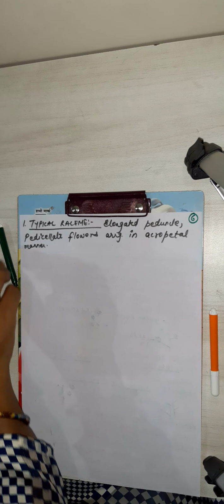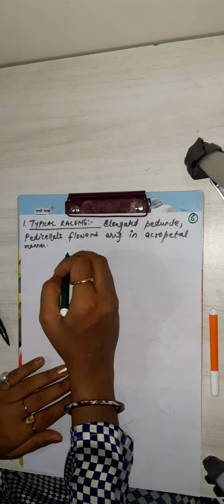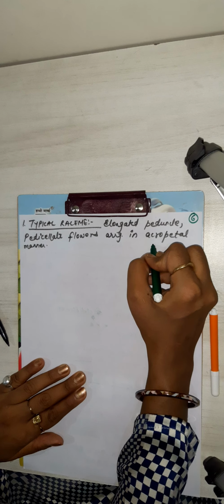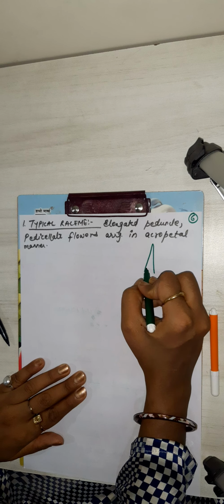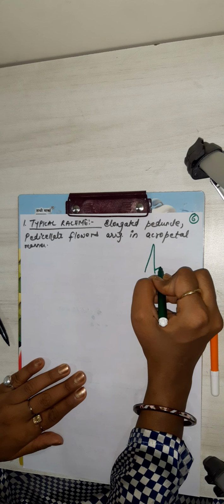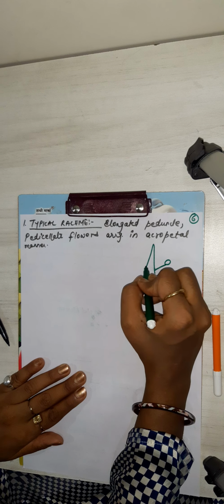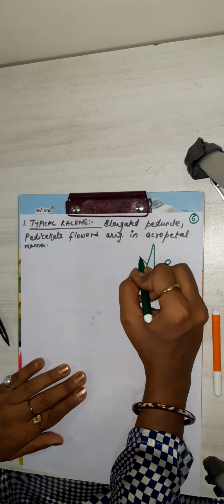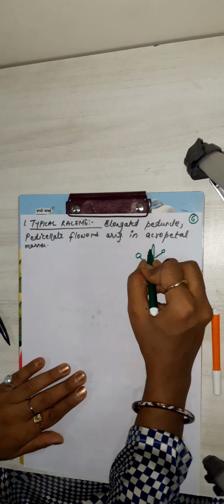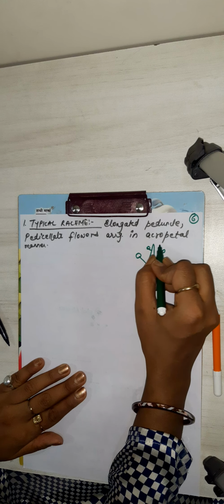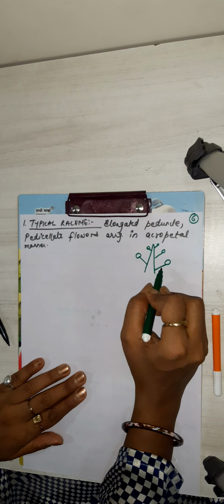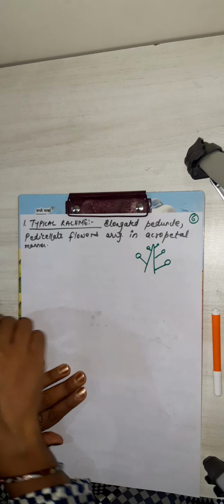Now let's see the diagram of raceme. So it is acropetal and this is peduncle.